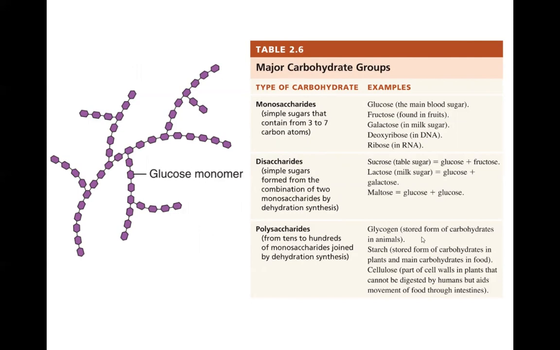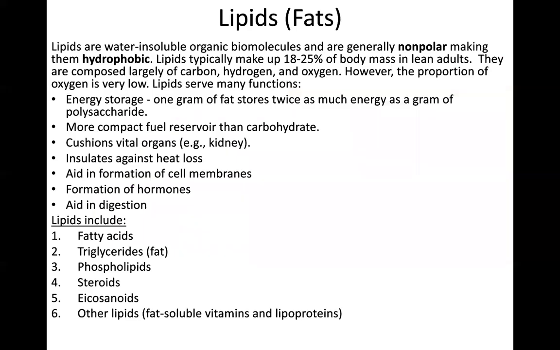We talked about each of these different categories, although I didn't get into great detail about the different forms of monos. We will talk later in the lecture about DNA. Deoxyribose is a monosaccharide that helps to form DNA. Ribose, we'll talk about how it helps to form RNA. But I'm not going to ask you to directly pull anything from the table. It's included because it's in your book.